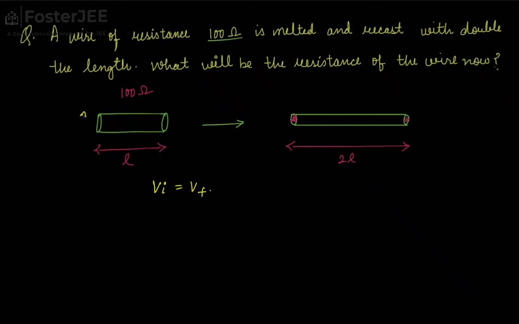Initial volume, suppose this area is A1, and let's suppose this is A2. Then initial volume is A1 into L, and the final volume will be A2 into twice of L. So from this we get that final area A2 is half of initial area.